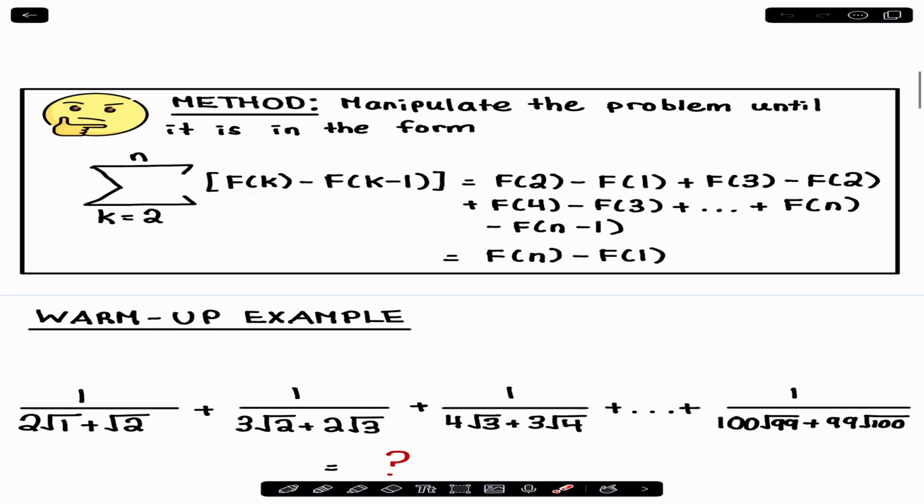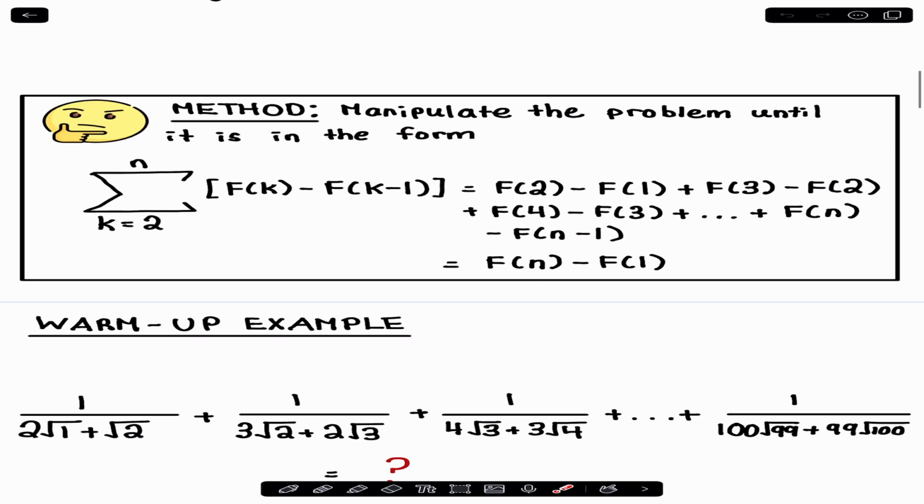So if we start with 2, we're going to get f of 2 minus f of 1. We bump that k up to 3, we get f of 3 minus f of 2, and so on and so forth. And you can see the idea here is that this f of 2 will cancel with this minus f of 2. This f of 3 will cancel with this minus f of 3, so on and so forth.